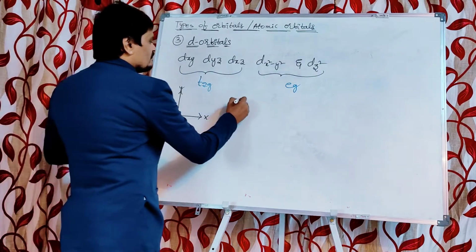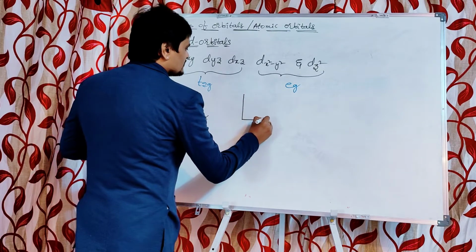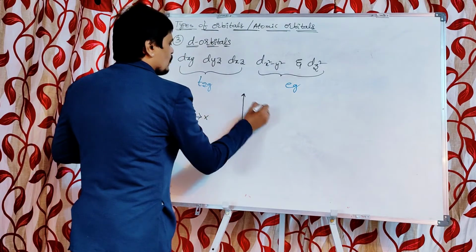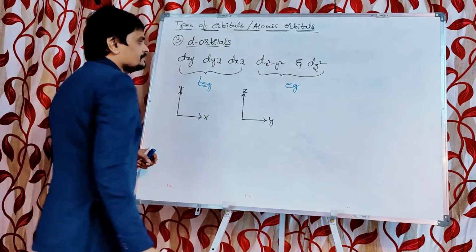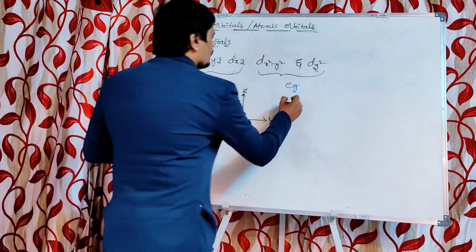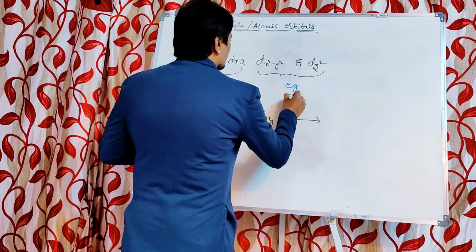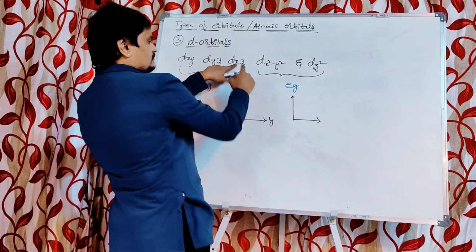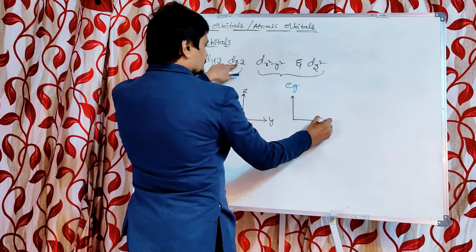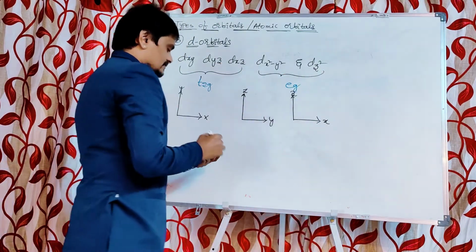In the case of dyz, just consider the two axes: one axis is y-axis, another axis is z-axis. In the case of dxz, one is x-axis, so don't be confused, x-axis, and another one is z-axis.